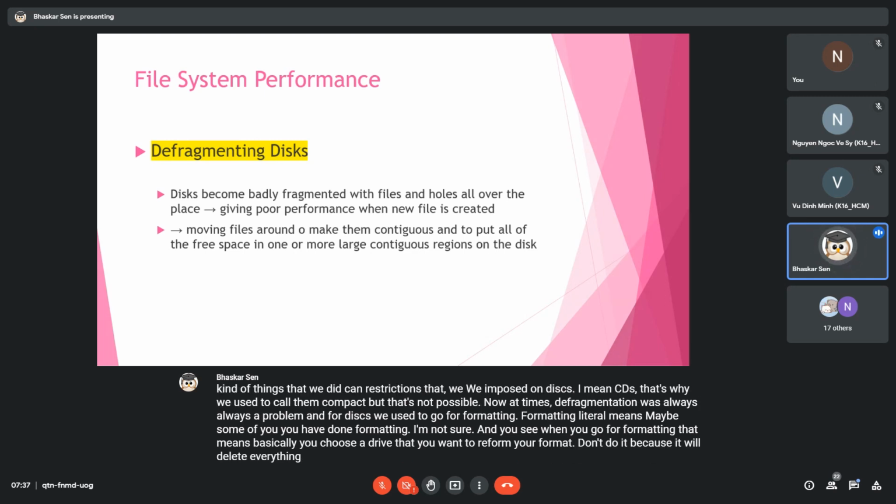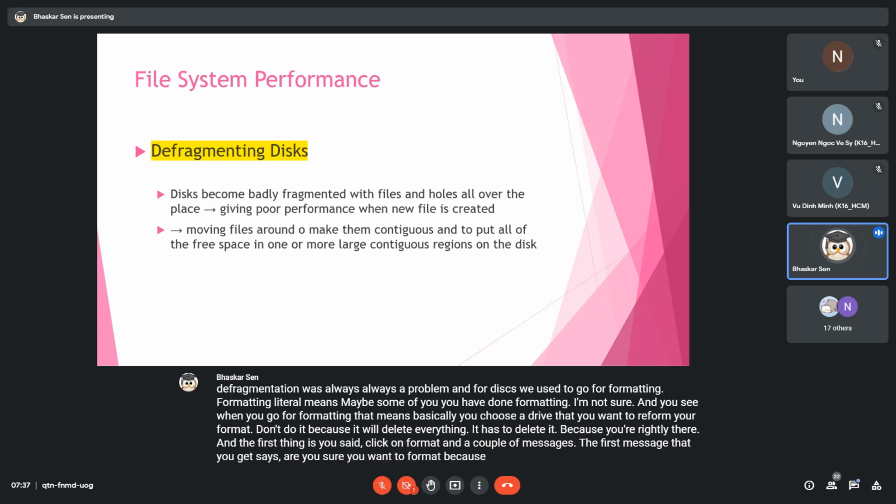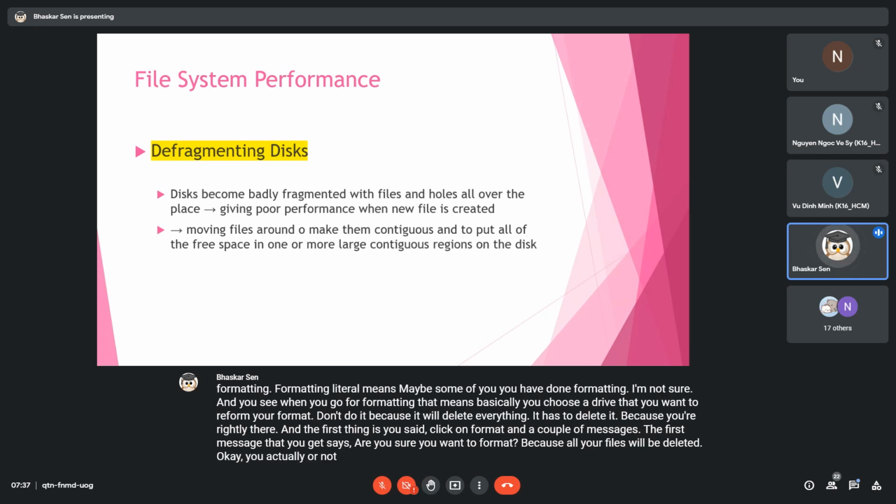It has to delete everything. You right click there, click on format, and the first message you get says, are you sure you want to format? Because all your files will be deleted. Do you agree or not? If you say yes, all right, go ahead.